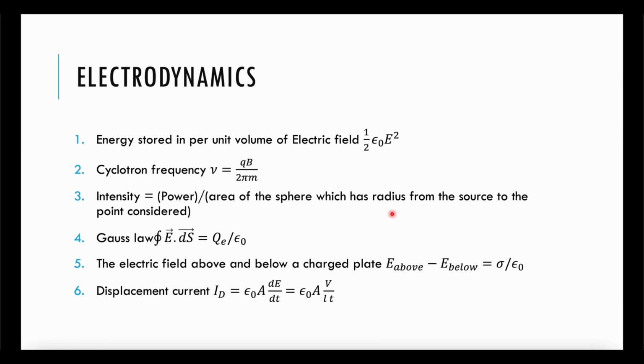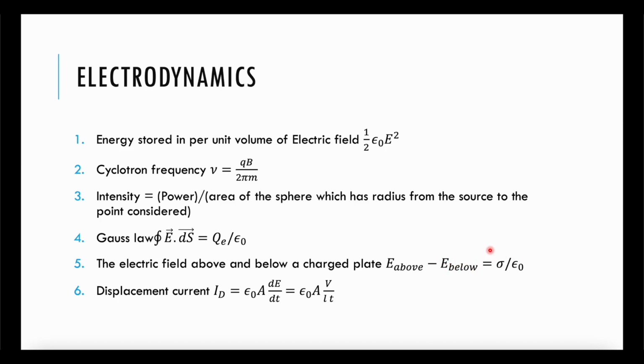And then the famous Gauss law: surface integral of E dot dS is Q enclosed by epsilon naught. The electric field above and below a charged plate is E above minus E below is sigma by epsilon naught. There is one problem in shift 1 in which this and this were given.